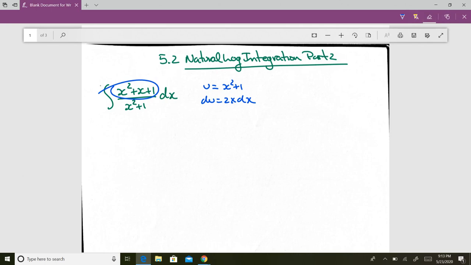So what do we do? Well, you have a couple choices here. Erase all that. First choice is going to require you to remember your math 12, which is long division of polynomials.